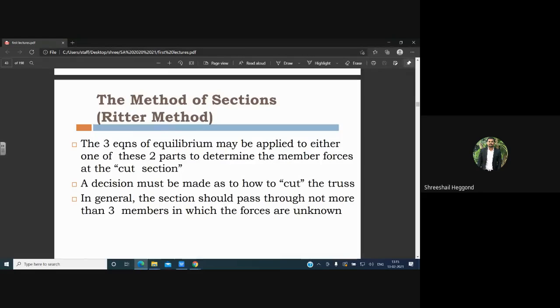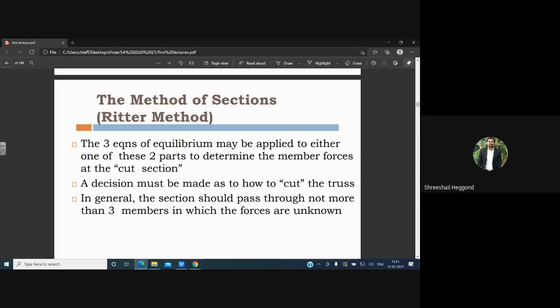For any one part, we apply the equilibrium conditions, summation of Fx, Fy, and M, and find out the member forces for the particular section or particular members.